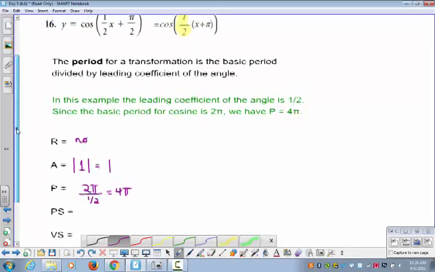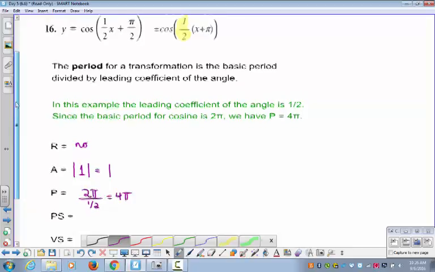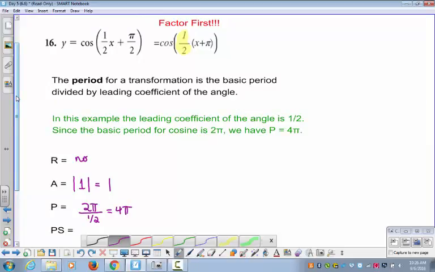All right. The phase shift. PS. Phase shift. That's just fancy lingo for horizontal shift. Just like you did in college algebra to see the horizontal shift, you go to the innermost set of parentheses, and the horizontal shift is opposite of what you see.